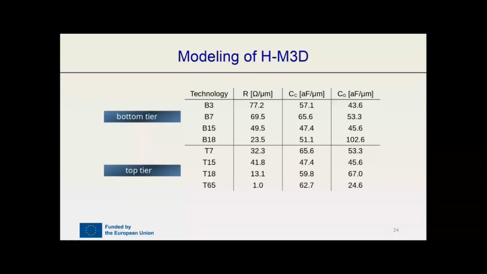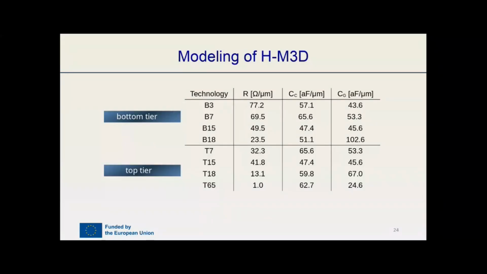Because of that, we are analyzing a very broad set of technologies, probably broader than what you can find in reality. In terms of the bottom tier, we are assuming technologies that go from the equivalent of 3 nanometers to the equivalent of 18 nanometers.